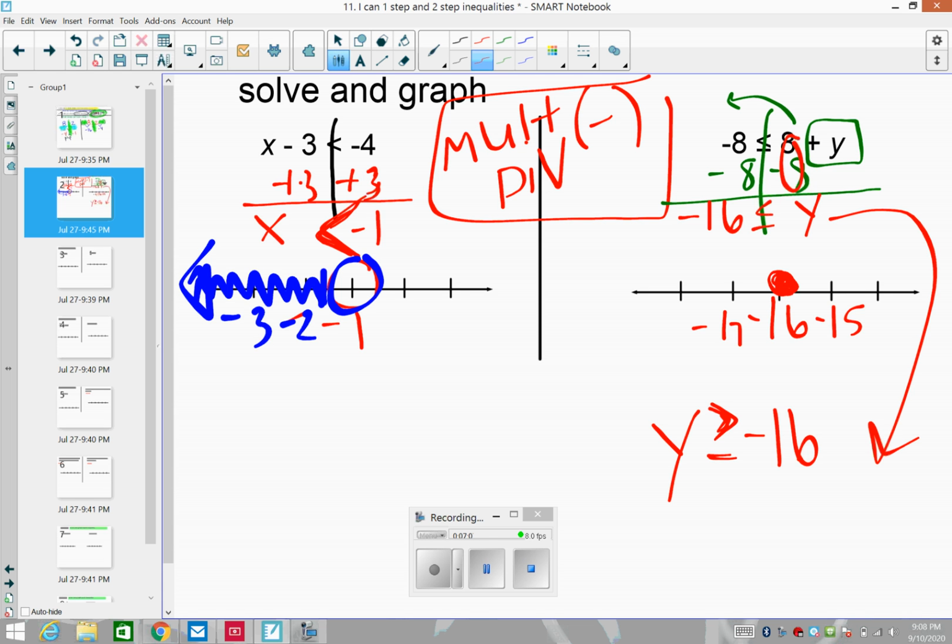And we're talking about all the numbers that are greater than -16. So closed circle at -16 and all the numbers that are greater than. So that's our first 2 problems of how we combine some of these skills that we've talked about before with inequalities, solving them, and also graphing.